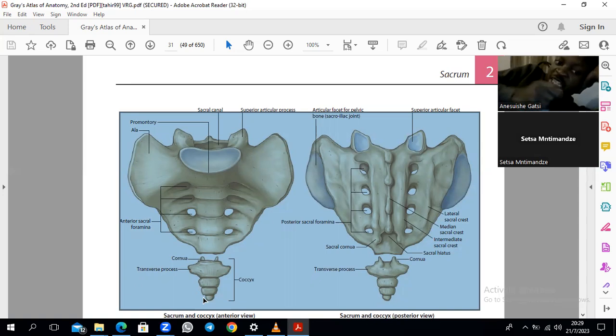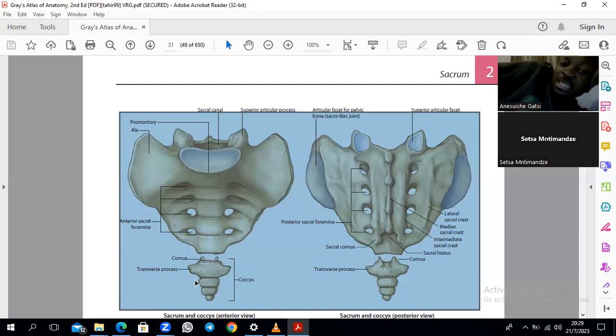And if you look at them together, they are both wedge shaped, but the wedge is in such a way that the wider part is above. So the base is above, and the narrow part is below, both for the sacrum and the coccyx.